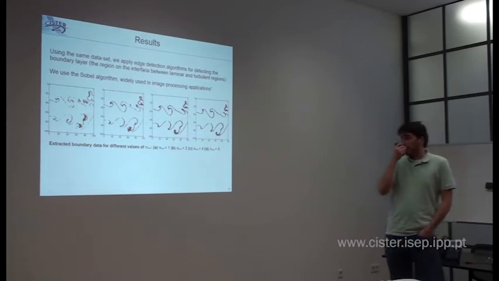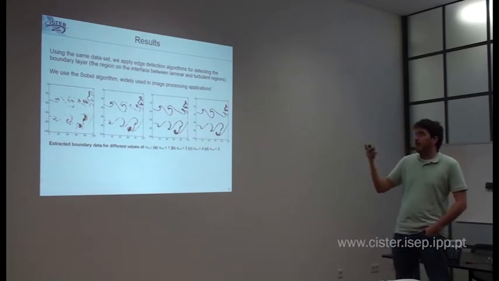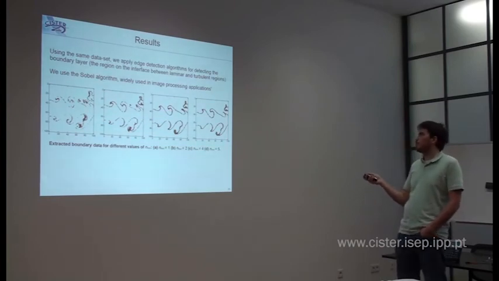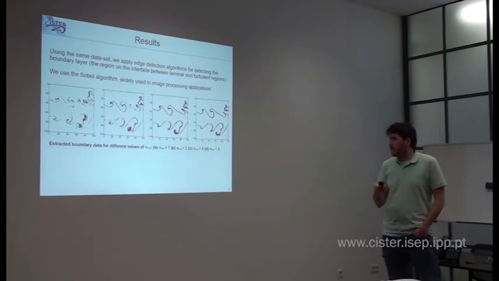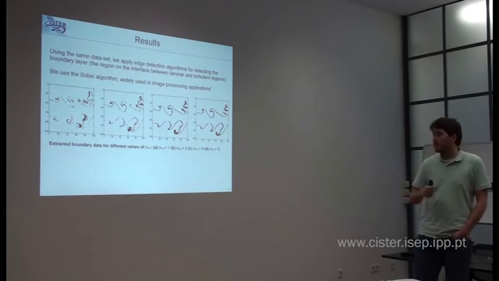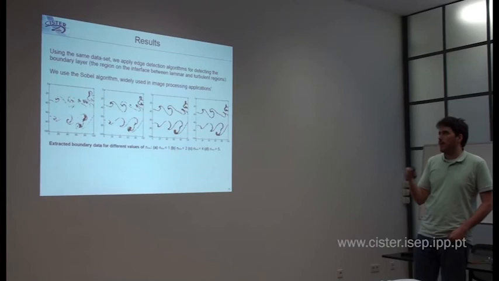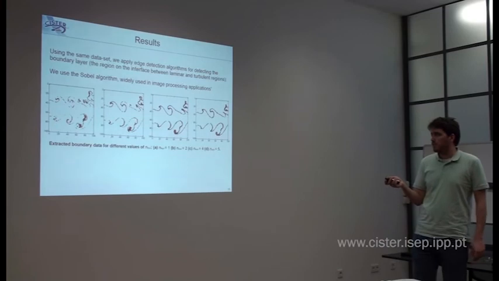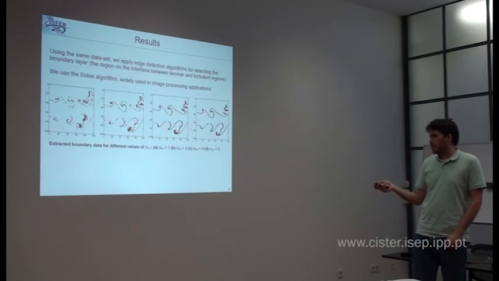And then lastly, I used an algorithm for edge detection to determine the interface between laminar and turbulent flow. Just in case you are not interested in sampling all the data, but only in figuring out where this boundary layer is. So I use image processing algorithms for edge detection inside the network. The nodes perform these computations, and by varying the neighborhood size from 1 to 5, we get these different results.